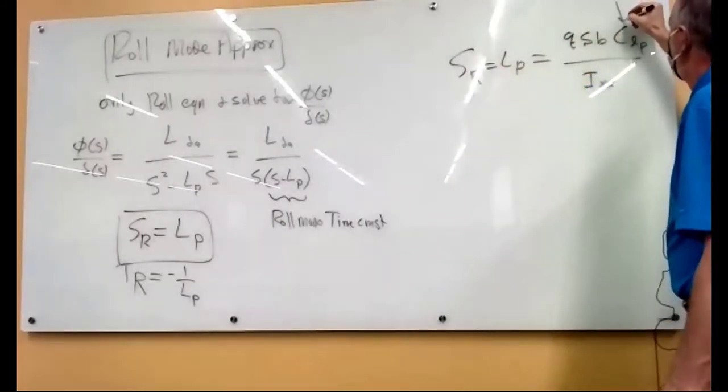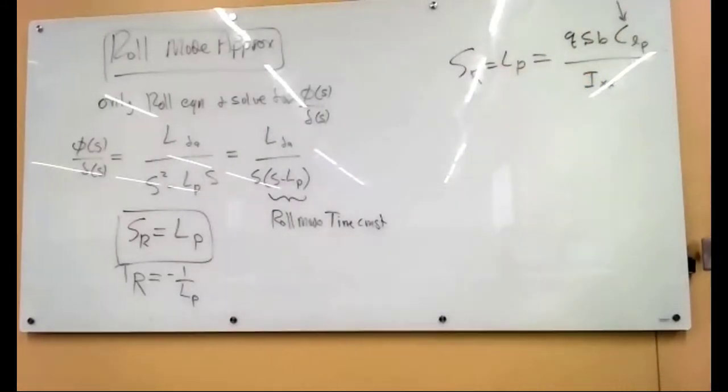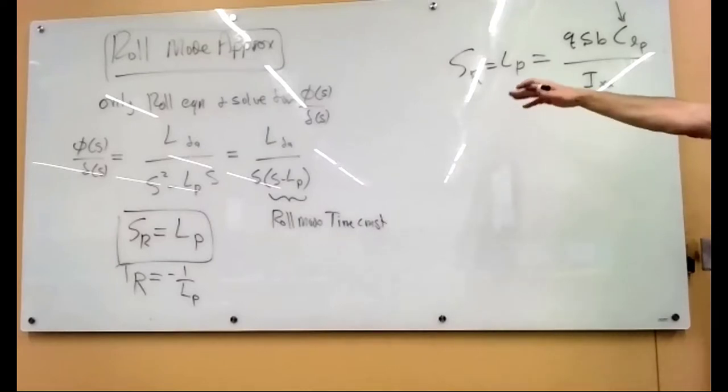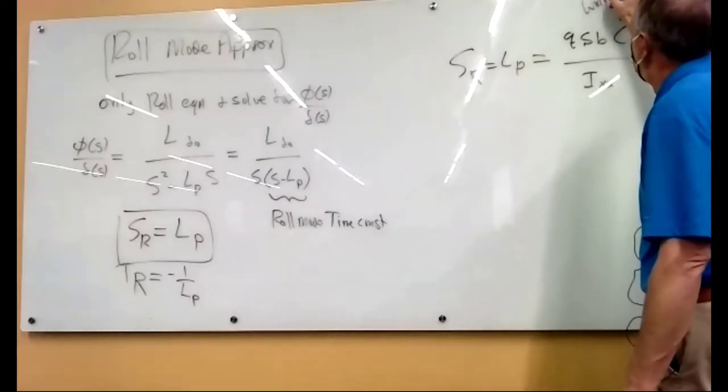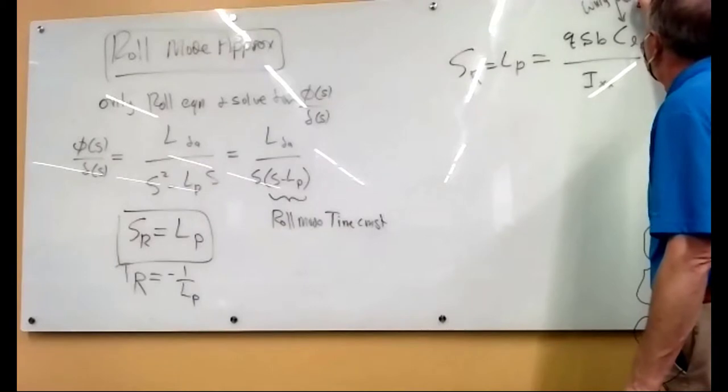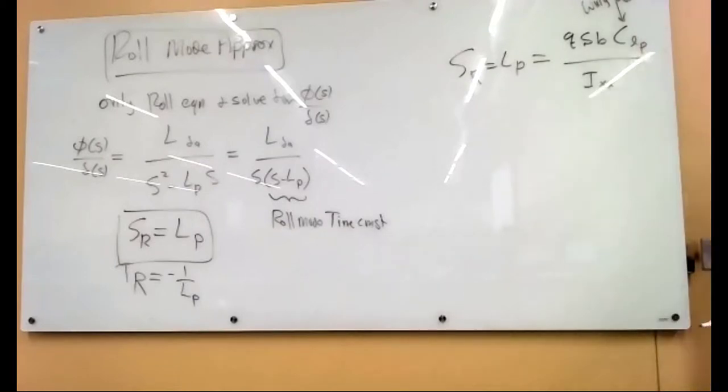And this is the rolling moment due to roll rate, and that's fundamentally the big wings sticking out there and sweeping through the air and damping it out. So this is really a wing effect. And as long as you have fairly decent sized wings on your airplane, then you don't have to worry about the roll mode. It's really well damped because of those big wings.